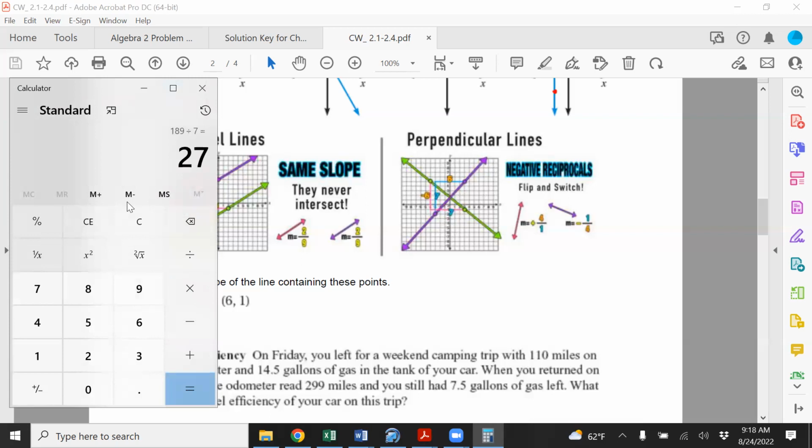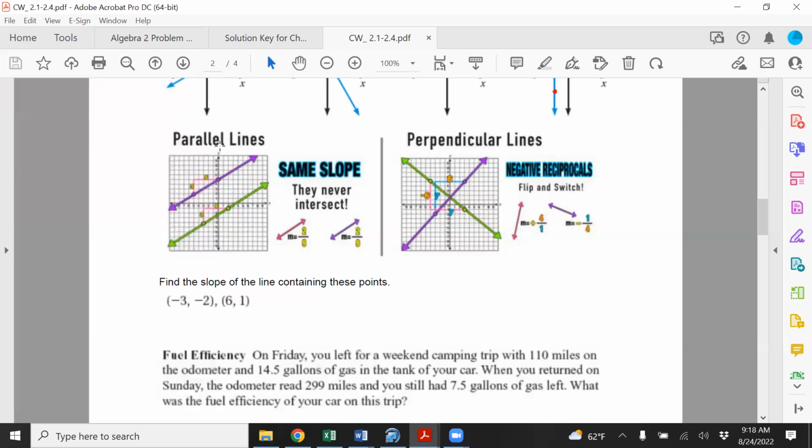Oh wow, came out really nice. 27 miles per gallon. That's pretty good. That's some good fuel efficiency. You're probably driving at a normal speed, not 100 miles an hour, which can ruin your mileage.